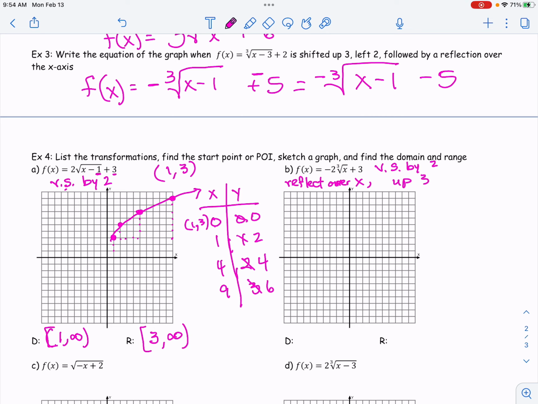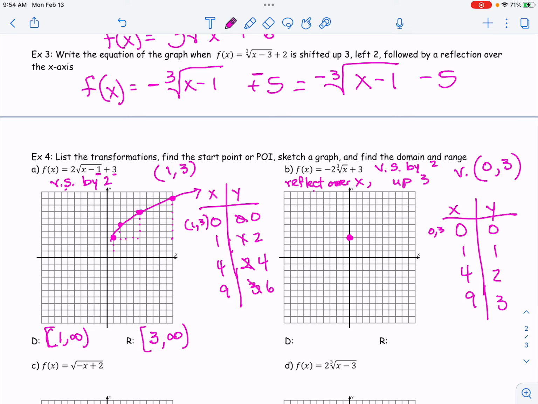So my new starting point, or my vertex, is going to be 0, 3. My table is my parent 0, 0, 1, 1, 4, 2, 9, 3. My new vertex is 0, 3. So my new vertex is right there.